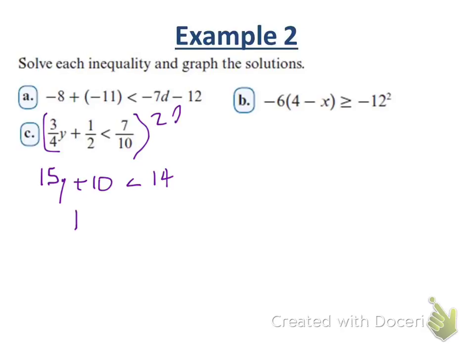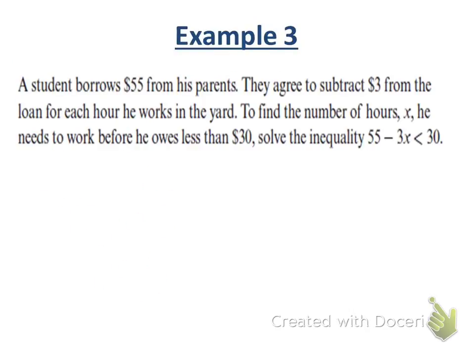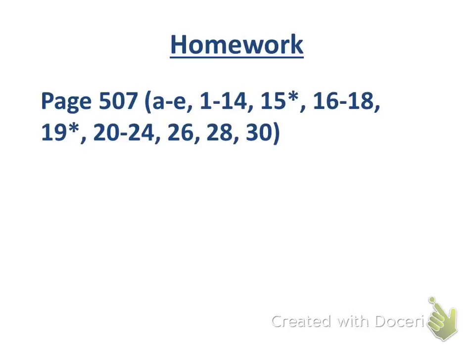Subtract 10 from both sides. 15y is less than 4. y is less than 4/15. So remember to eliminate fractions whenever you can. All right. And that's it. That is not your homework.